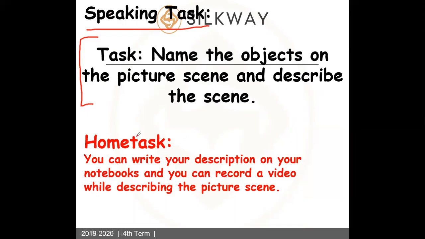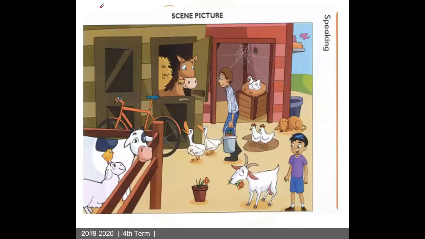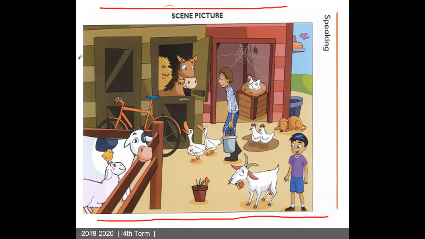So home task, you can write your description on your notebooks and you can record a video while describing the picture scene. So you can describe it, okay, and you can take a video while describing. So this is a picture scene or a scene picture. So this is your task. I hope you do it at home.